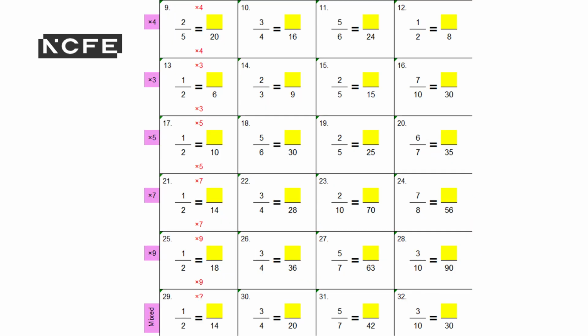But as we go through the sheet, we've then got some slightly harder ones. Again, it tells us what we need to do: we need to times by 4, times by 3, for these particular rows. But the final one is mixed, so we're being tested a little bit further. We're not just being given what we need to do to find that equivalent fraction.